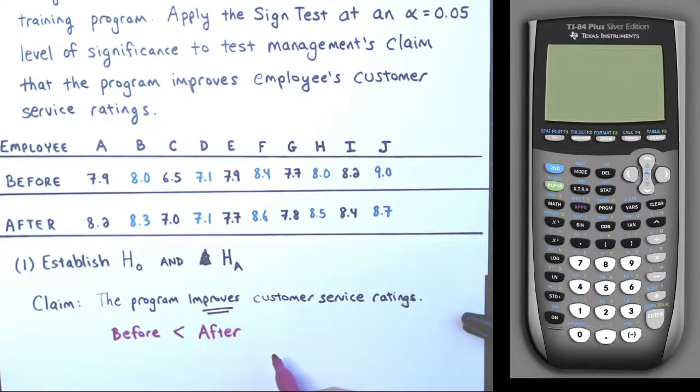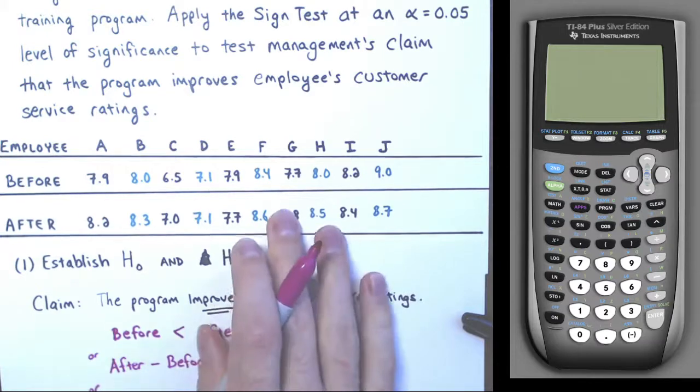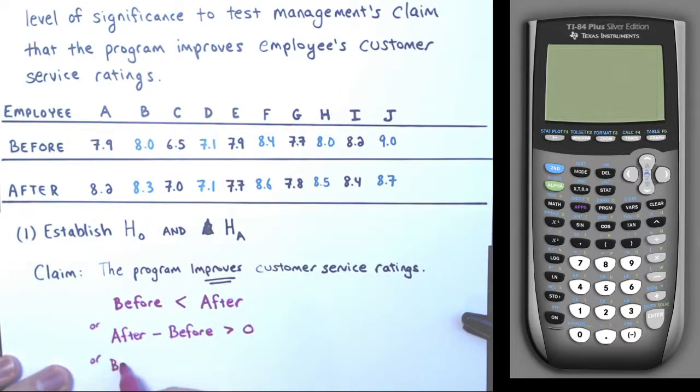Or, if I did some subtraction, the after scores minus the before scores are greater than 0, it should be positive. Or you could say the before scores minus the after scores are going to be negative in general. Either one of these.